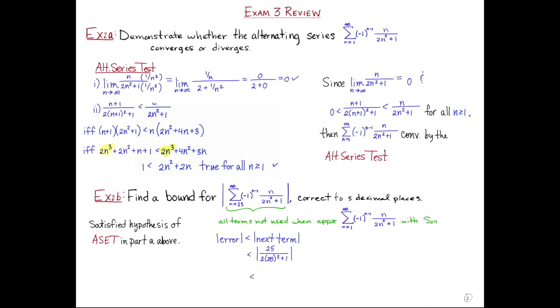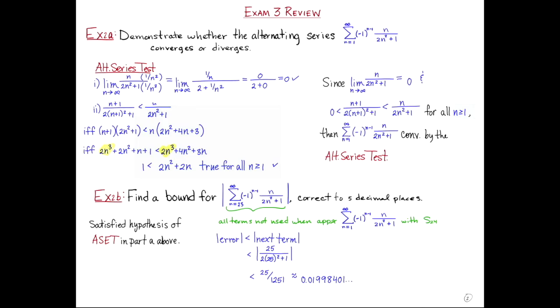This simplifies to 25 over 1,251, and it's approximately equal to 0.01998401, and it keeps going.